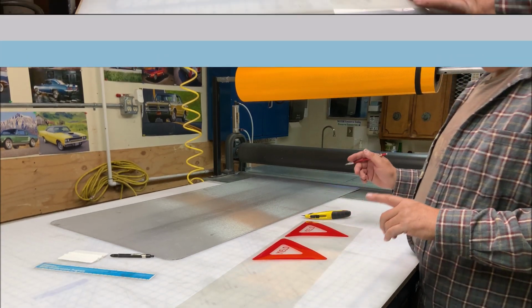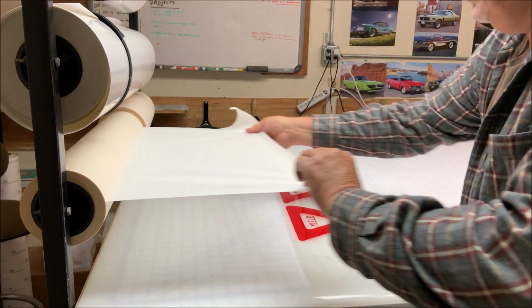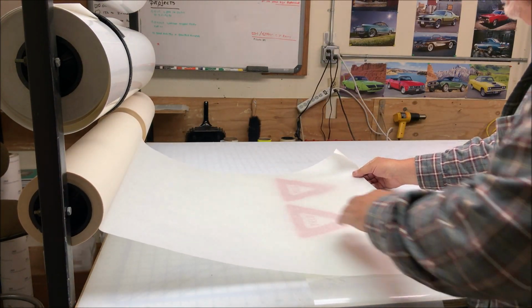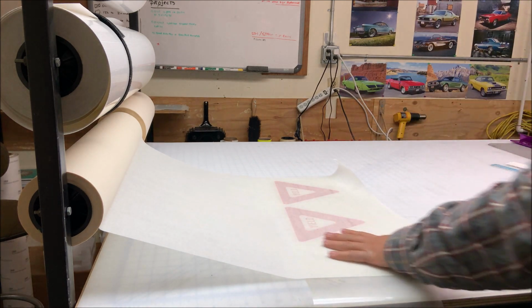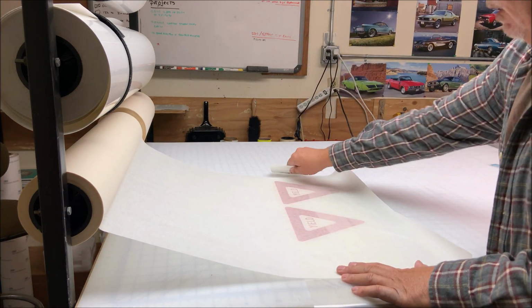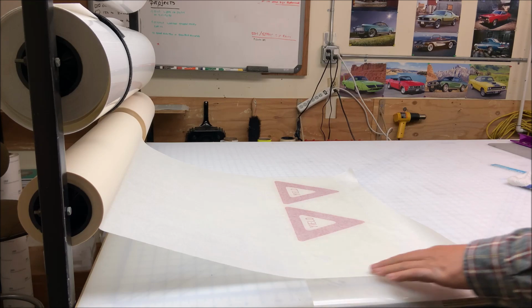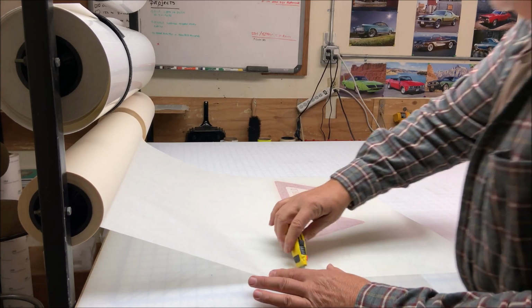And we're going to put some transfer tape on it. Okay, here we go with the transfer tape. Pulls out, it's really easy. I think I've showed this before, my holder that I use for my transfer tape. And we're just going to cut the transfer tape away.